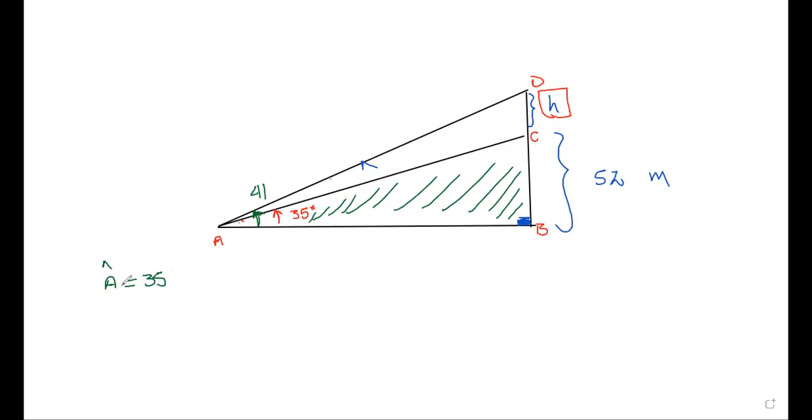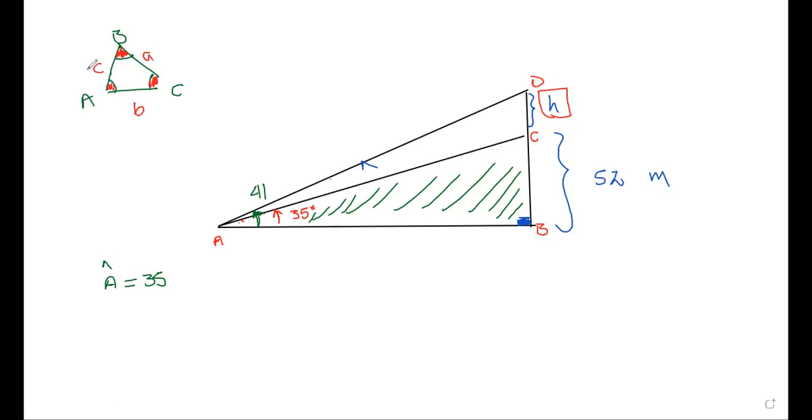But do you remember from yesterday when we talked about the sine law, we said that when you are working with a triangle, there are two very important things. One is the size of the angle, and the other is the length of the side right in front of the angle. For example, this is A, this is B, this is C. For each angle, there is a length just in front of it.